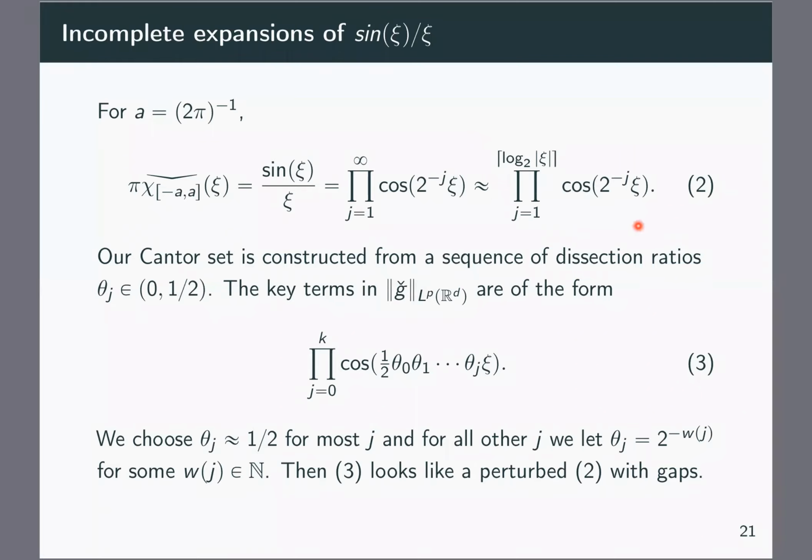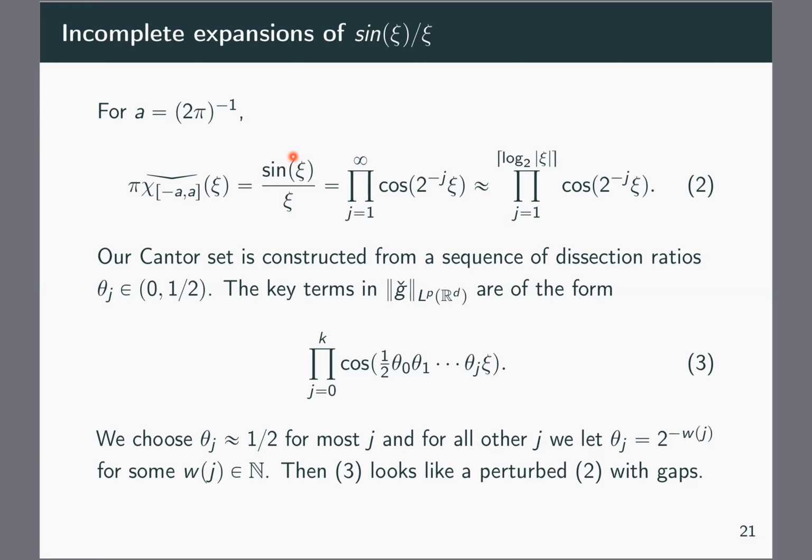You can also truncate this infinite product after finitely many terms, namely logarithmically in ψ many terms, so that you get a product of finitely many terms for every ψ, and this product decays at a very good rate, namely at a rate ψ^(-1), so it lies in all L^p spaces where p is larger than 1 on the real line.